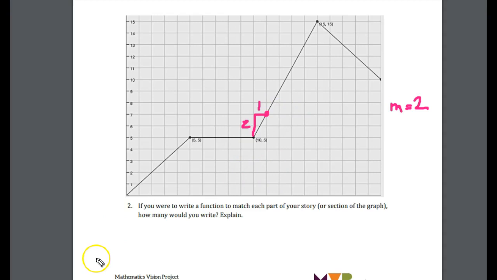If I dig deep though, and I go to Math 2 where we learned transformations, if I have the equation y equals 2x, because it's got a slope of 2, but I don't want it to start at 0, 0, I want it to start at 10, 5. I can translate it to the right 10 spaces.